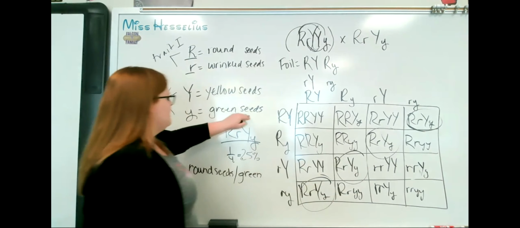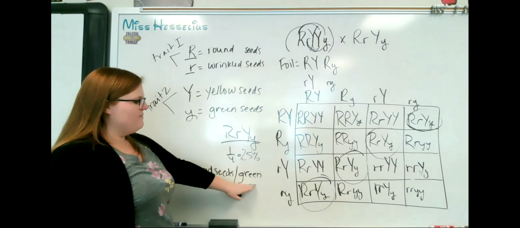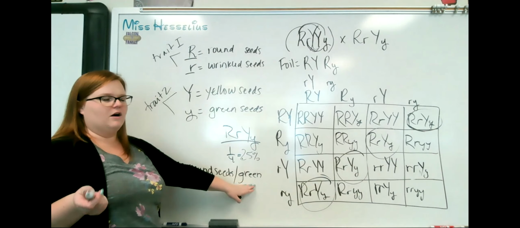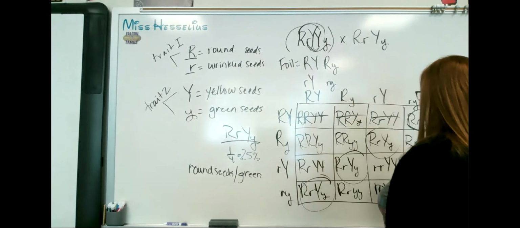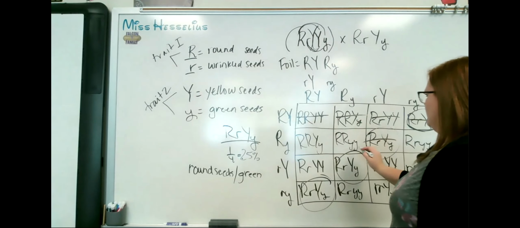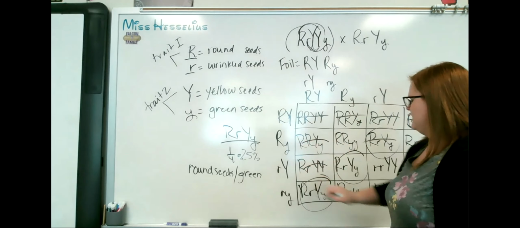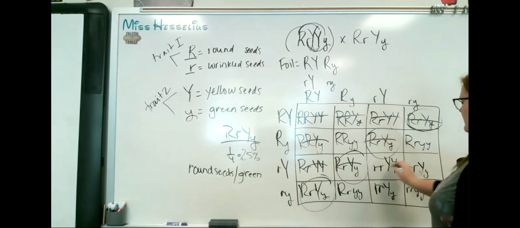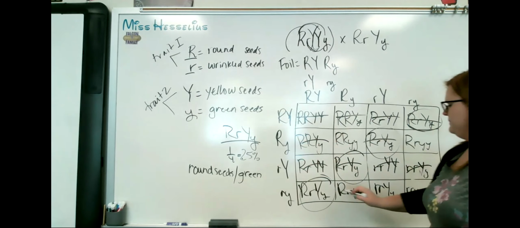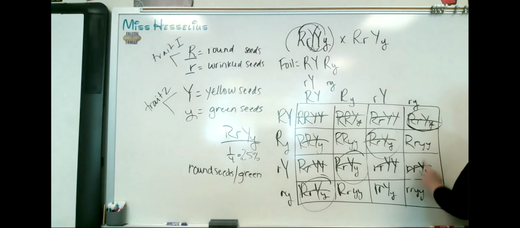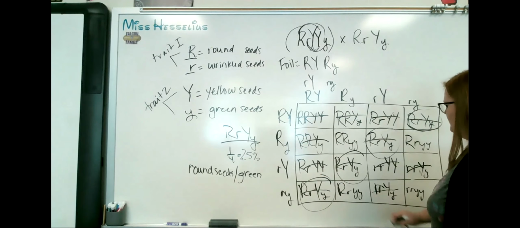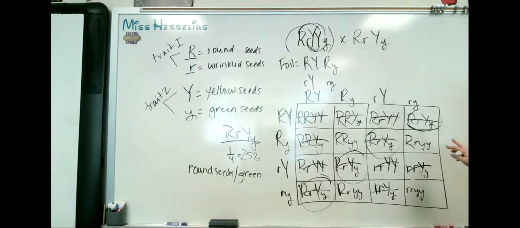Now green is recessive, so none of them that have a capital Y are going to be green. So we can eliminate any of them that have a capital Y in them, because it's not possible to get a green seed with a capital Y in their genotype. So that gives us these 4 that are all recessive, which give us green. But then round seeds.